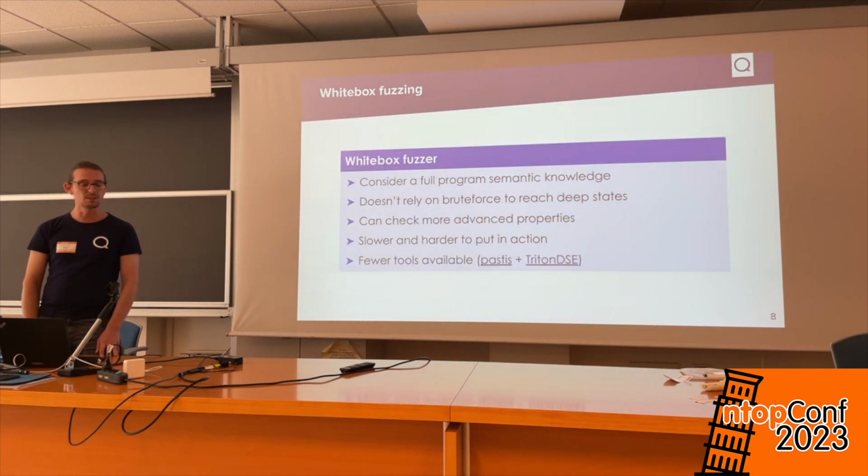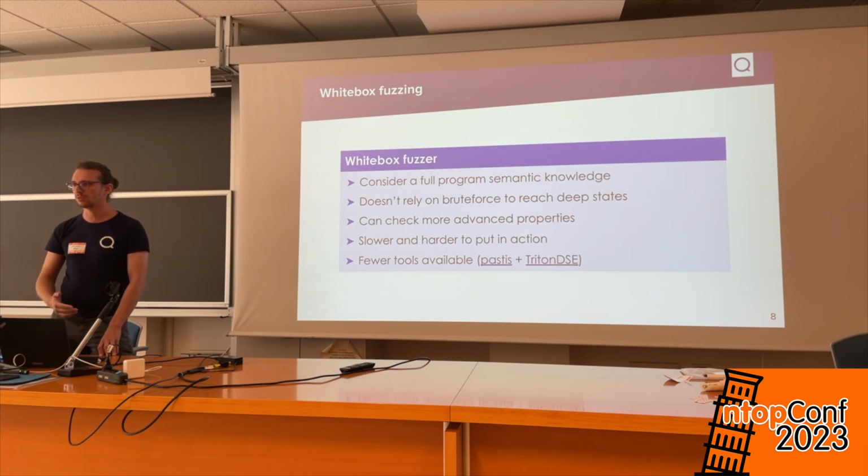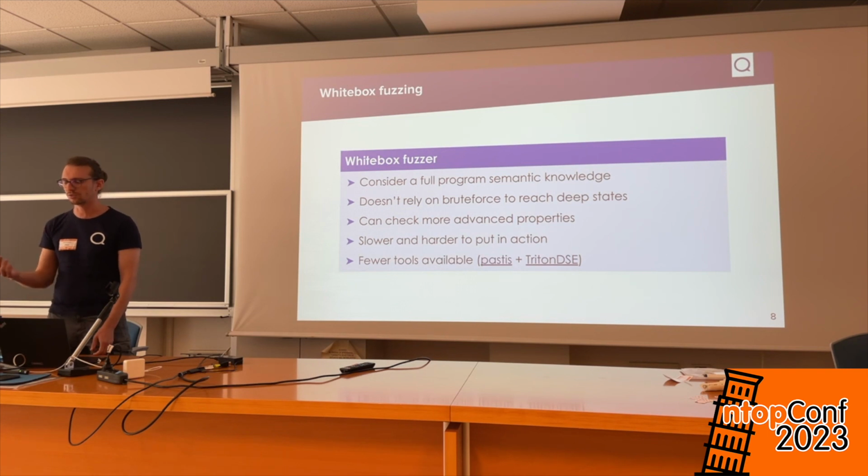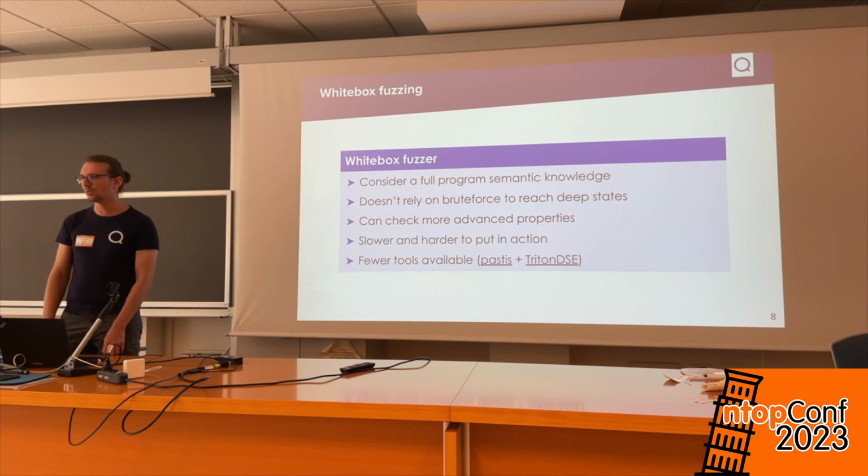The last approach is the white box fuzzing. In this case, we rely on the full semantics of the program. So that means that we don't have to rely on brute forcing the input too much. Starting from some constraints, we can generate an input that solves all those constraints. And this is really cool, really interesting.